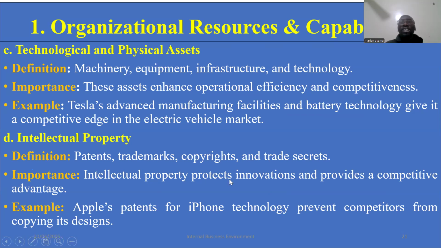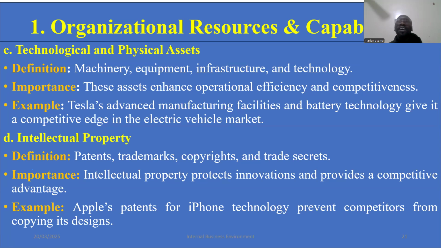The third resource we need to analyze internally is the technological and physical assets. These are the machines, equipment, infrastructure, and technology. We need to analyze what technology we have. Is it an old technology or an updated technology? These assets enhance operational efficiency and competitiveness. If you want to compete with the best, you should also have good machines.